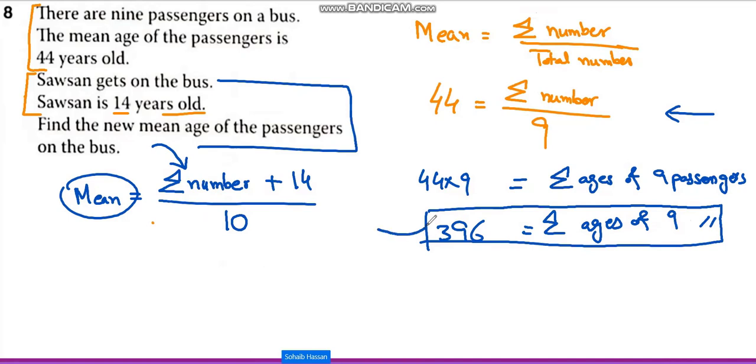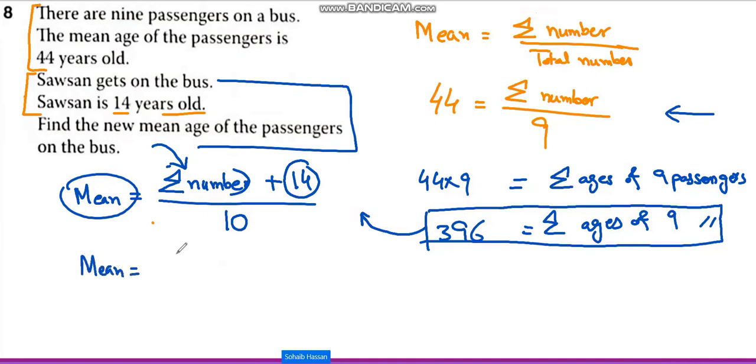Now we can substitute 396 here, because the sum of numbers represents the sum of the ages of 9 passengers. And we need to find a new mean after the addition of one more passenger who is 14 years old.